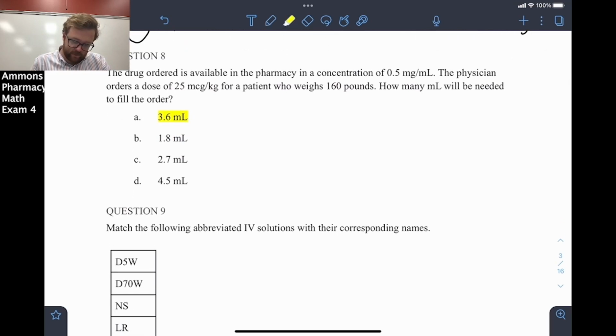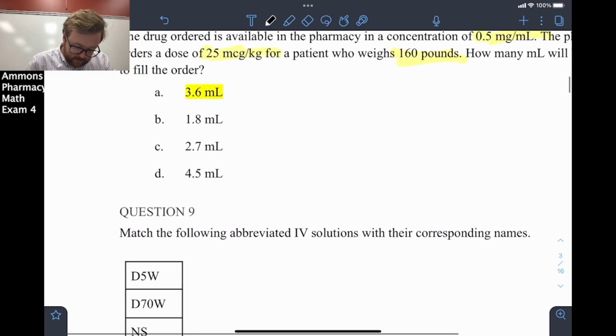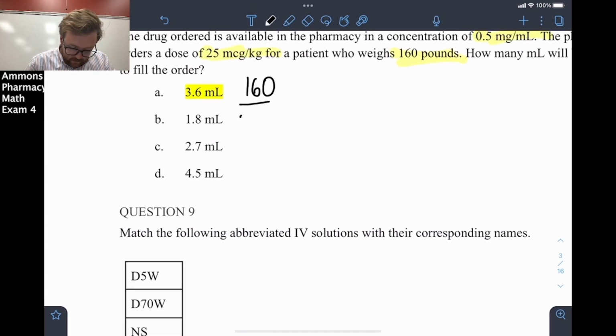Drug ordered, available 0.5 milligrams per mil, orders a dose of 25 micrograms per kilogram, 160 pounds. Okay, I know that I'm going to need to convert his weight first off, which is 160 divided by 2.2. 160 divided by 2.2 is 72.73 kilos.